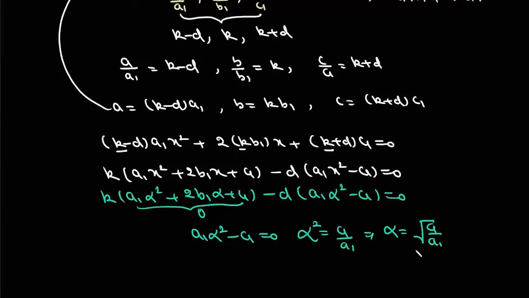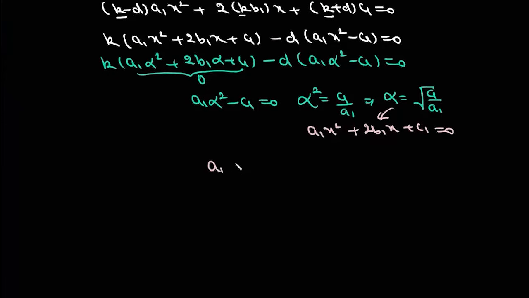Now alpha is the common root of both the equations, so alpha is going to be a root of the equation a1x square plus 2b1x plus c1 equals 0. So we'll put the value of alpha here, so we'll get a1 times c1 upon a1 plus 2b1 times under root of c1 upon a1 plus c1 equals 0. Now I'll cancel, and we may have a plus sign or a minus sign here, so it will be plus minus.